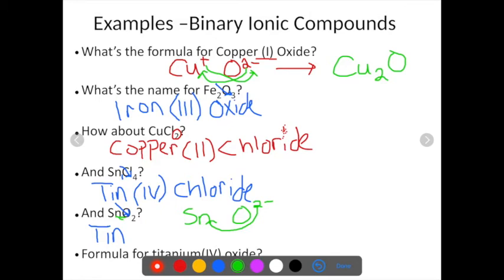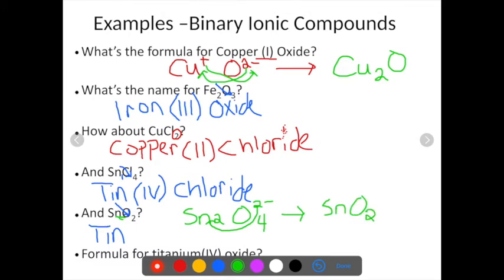So they've used the empirical formula here. So the simplest whole number ratio was found. So that means the 2 was divided out. So if that's a 2 there, then there had to be a 4 here, right? Because when we divide by 2, we get SnO2. So that one is really tricky.